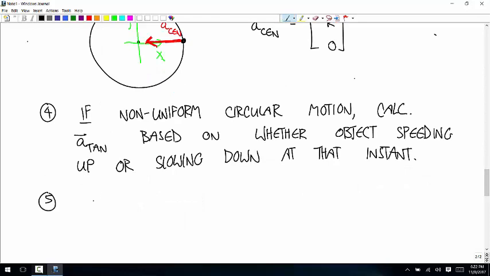Then the total acceleration is equal to the centripetal acceleration plus the tangential. If there's no change in speed, if the thing has a constant speed, then the tangential is 0, and you only have to worry about the centripetal.